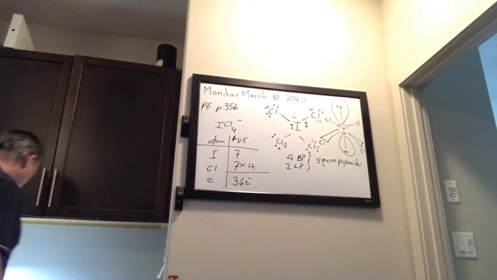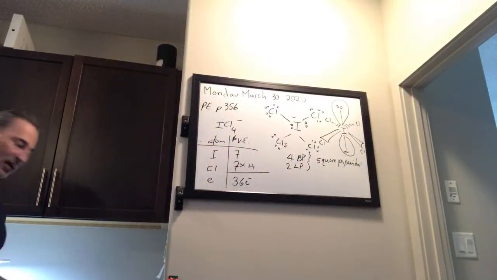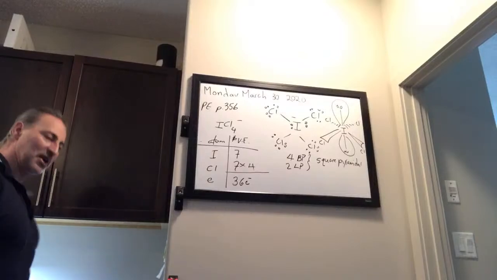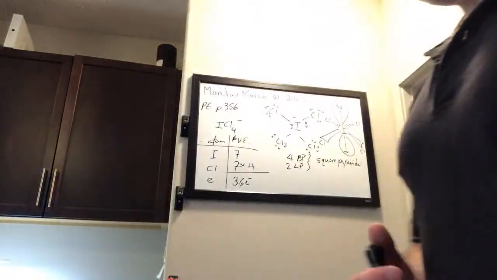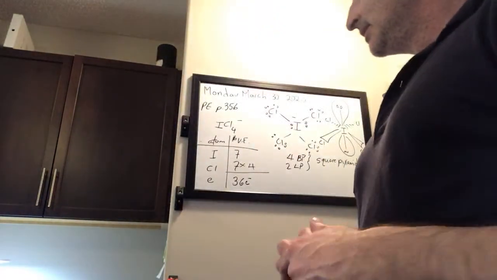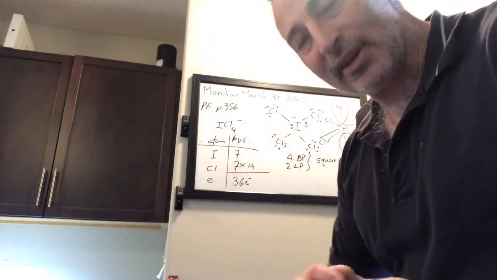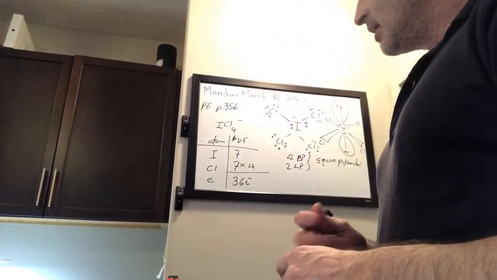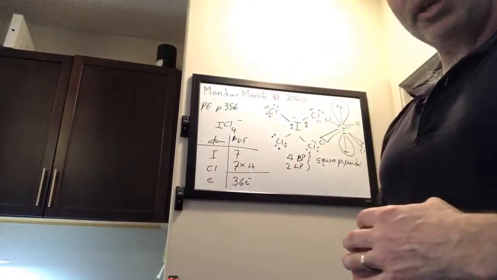Now, for homework, because this is a lot of material I'm throwing at you, at the very least, guys, try to read up to page 357 on chapter 9 of your textbook. Memorize your polyatomic ions. I'm nagging you about this all the time, but it's important. And start reading chapter 9.